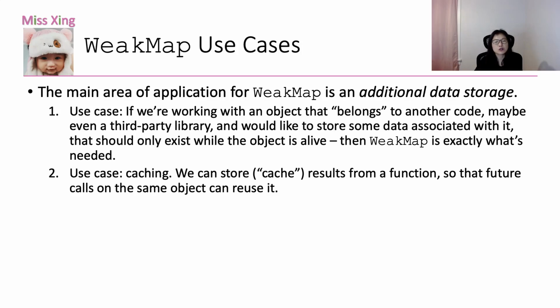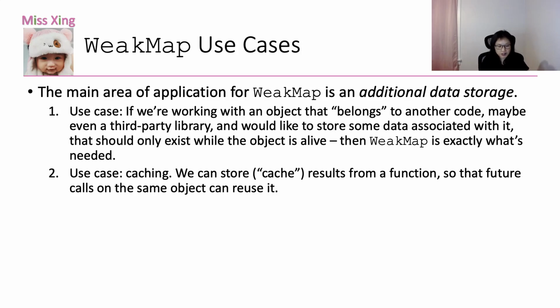In these cases, you don't want to change the object structure, probably because it belongs to another code, a third-party library, or it's sealed. You cannot change it. That's why WeakMap is exactly what you need in this case.